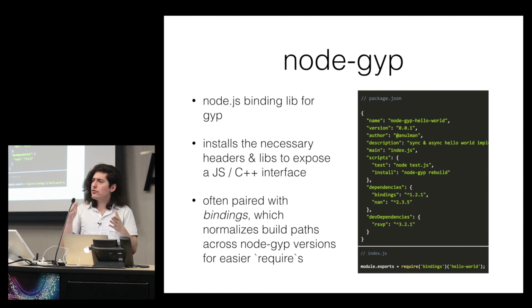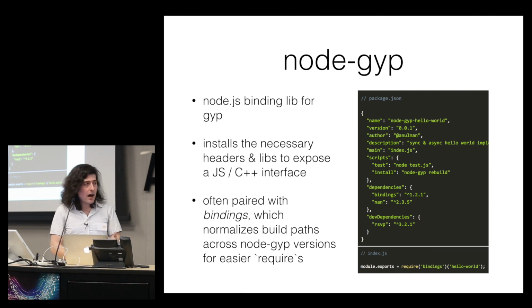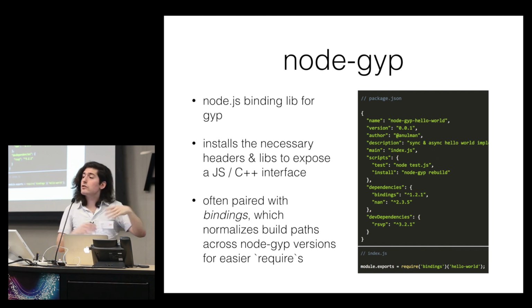Effectively, GYP will package to different directories, and the binding file might be found at different locations of the required module. So with bindings, as you see over here, where we're requiring bindings and then hello world, the name of the target we saw in the last slide, that allows us to require hello world regardless of which version of Node it was built for or with.